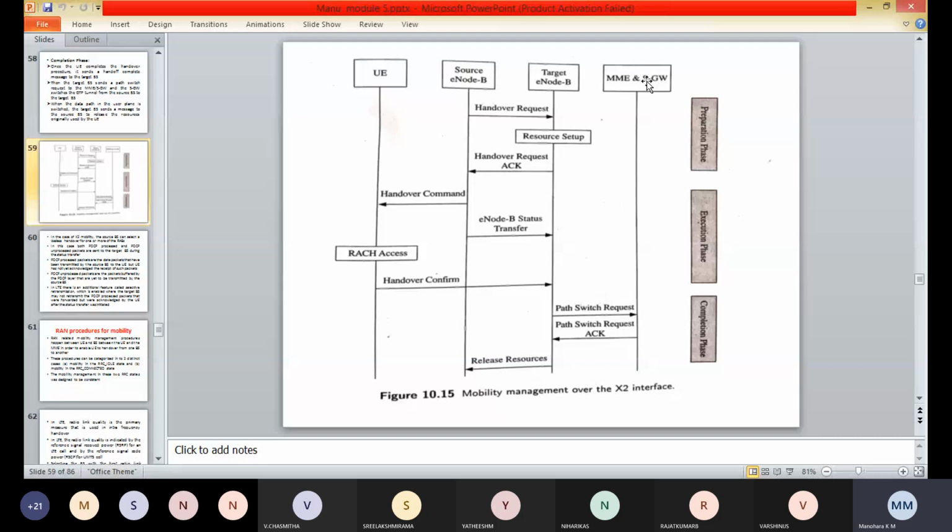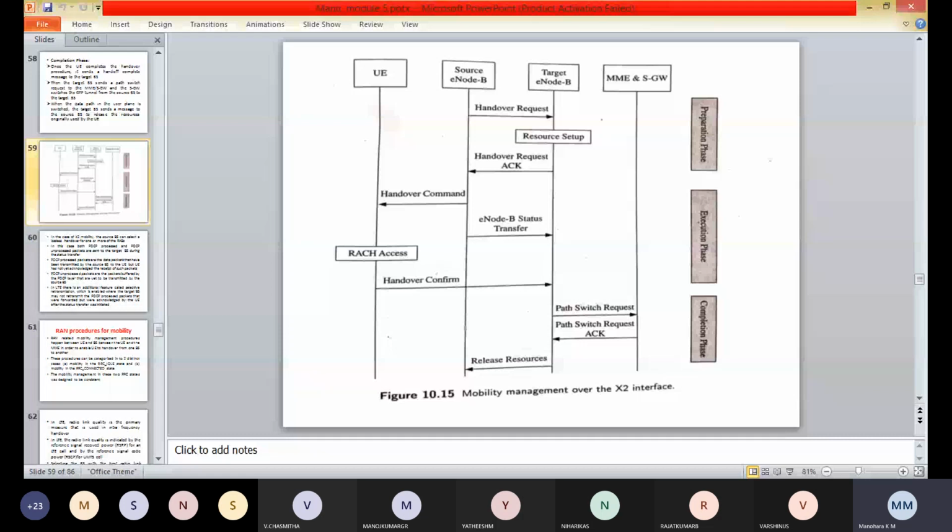The resources are set up on a per RAB basis, which implies that upon completion of the handover, the UE will have the same RABs with the same set of quality of service as it had before.